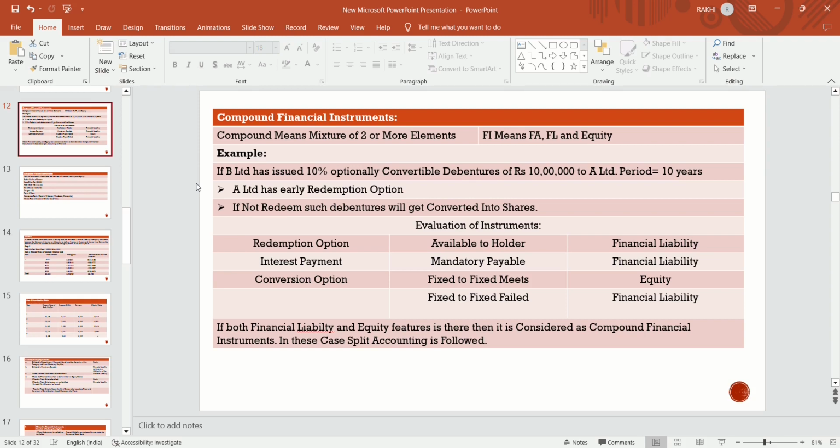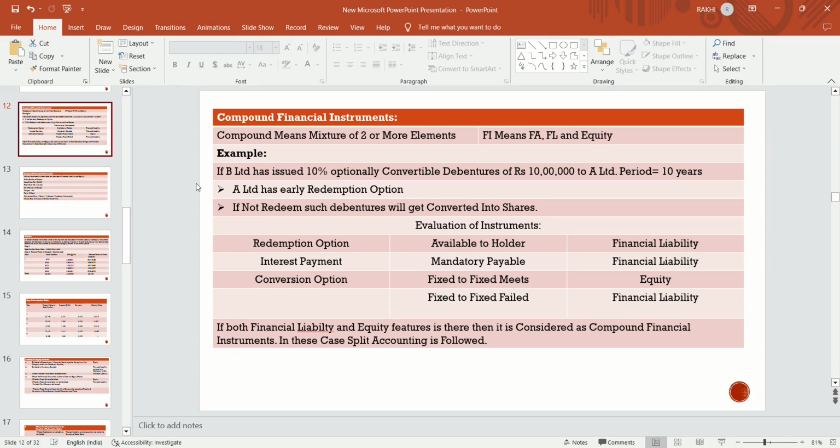Means the holder has the option that you can redeem it or you can get it converted into shares. So if there is a redemption option available to the holder, then redemption means there is an obligation to pay cash in the hand of the issuer. There is a right to receive cash in the hand of the holder. So because there is an obligation to pay cash in the hand of the issuer, it becomes a financial liability in the hand of the issuer.